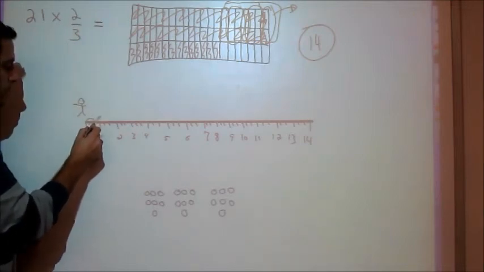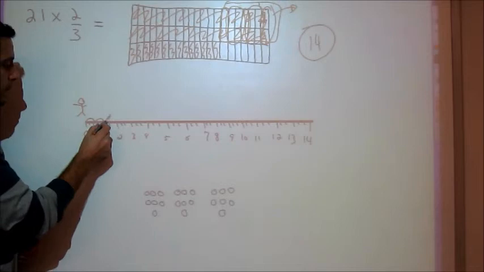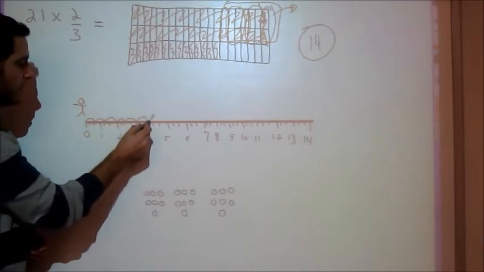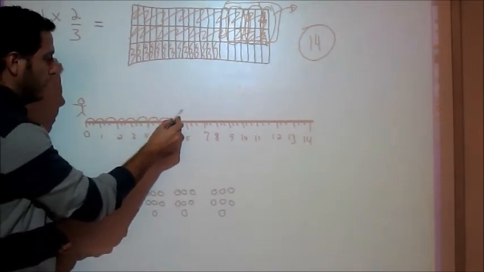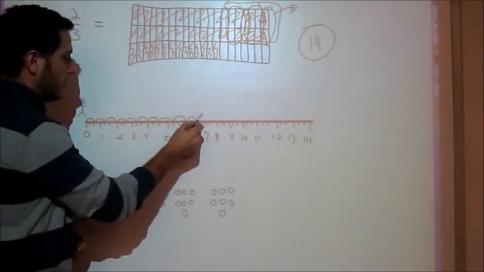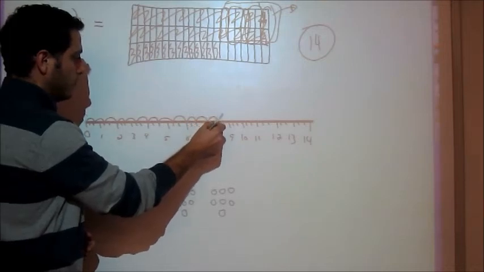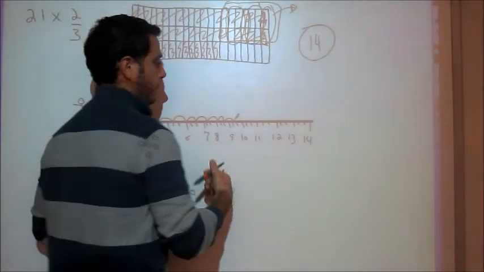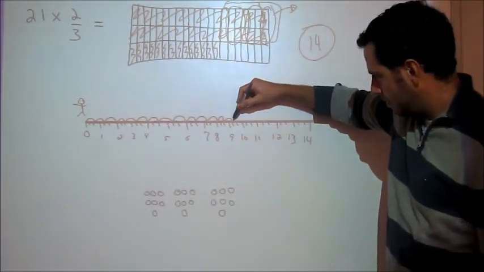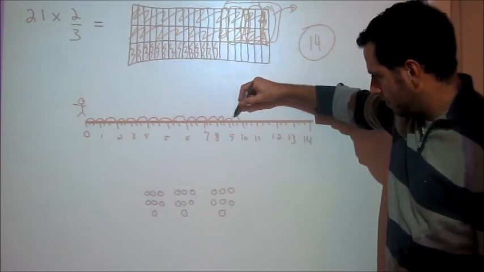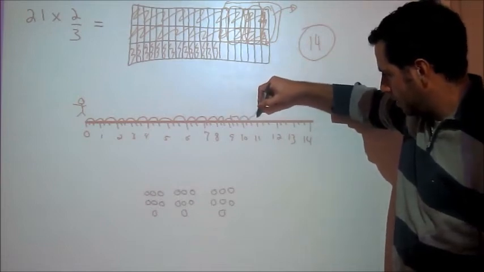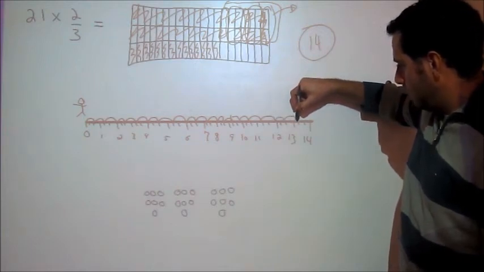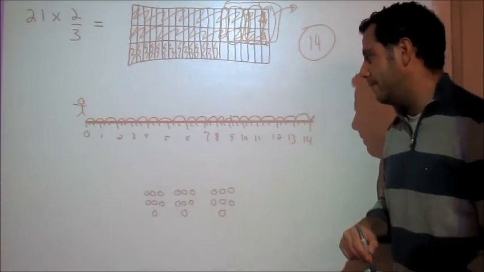So our first step would be to here, then your second step, third, fourth, fifth, sixth, seventh, eighth, ninth, 10th, 11th, 12th, 13th, 14th, 15th, 16th, 17th, 18th, 19th, 20th, and 21st.